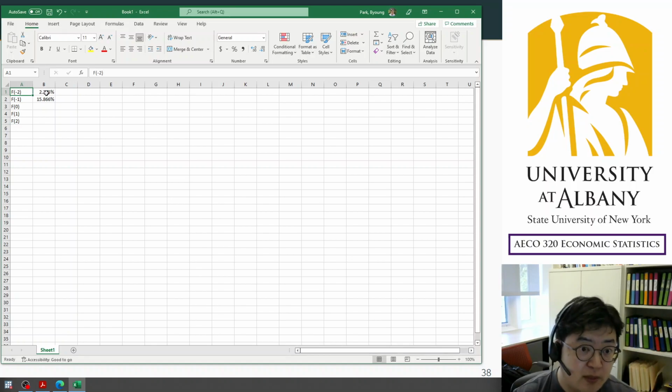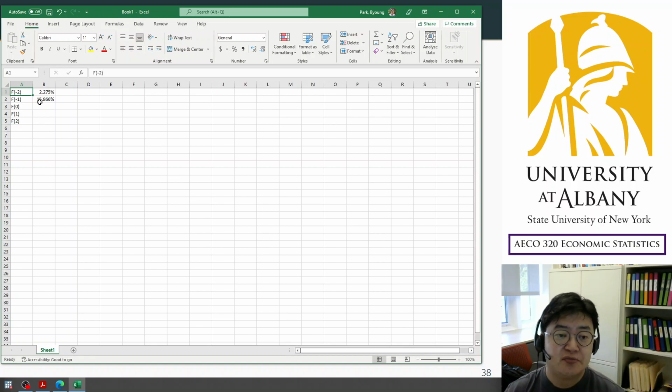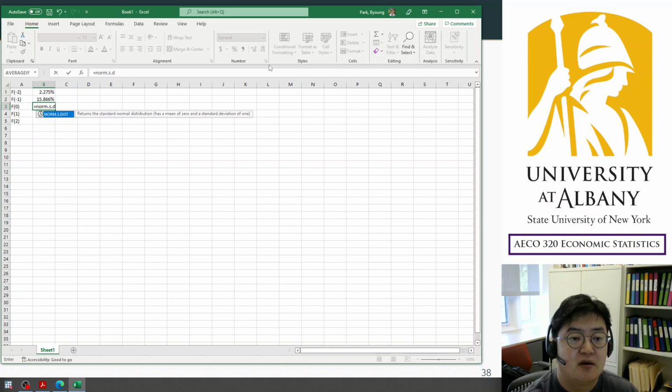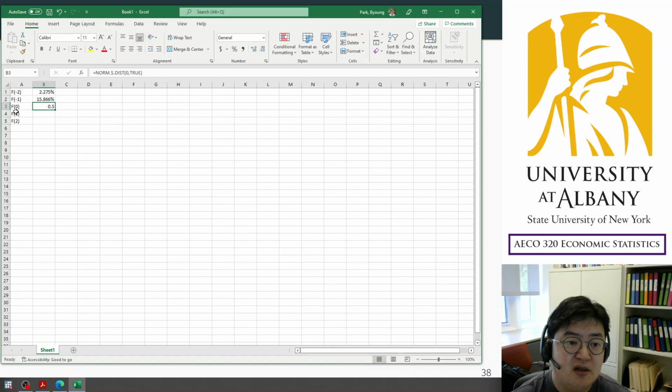This is the probability below -2. And below -1, there is 15.866%, right? So in the same manner, you can keep going. And interestingly, below 0, of course, there must be 50%, because the distribution is symmetric, so the positive side and the negative side should have the same probability. So below 0 is 50%.